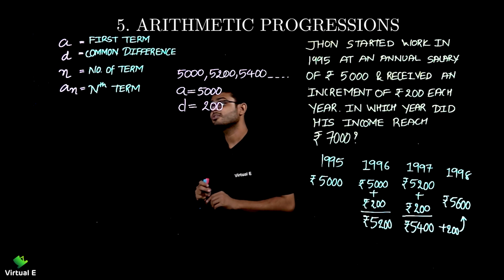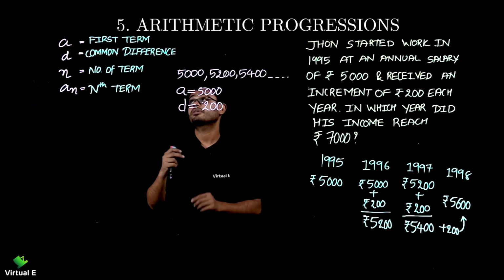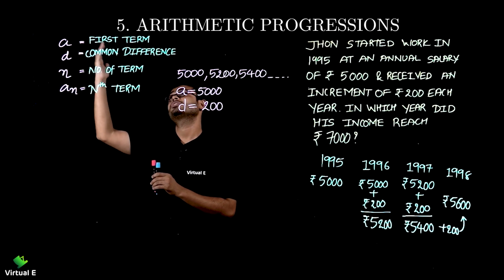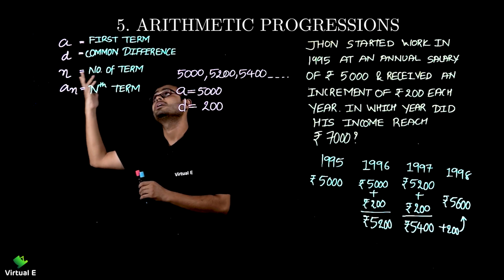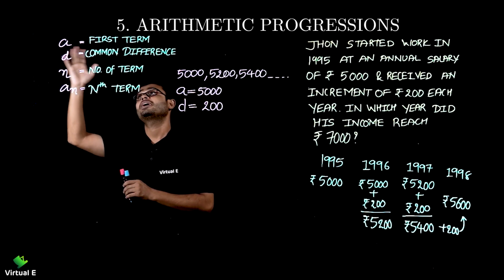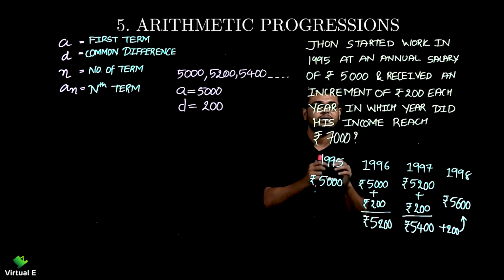So is it AN? Is it N? Think about it. This is the formula we are going to use: AN is equal to A plus N minus 1 into D. We have the value of A, the value of D, and we have AN or N. Here we are confused. So let's think about it.